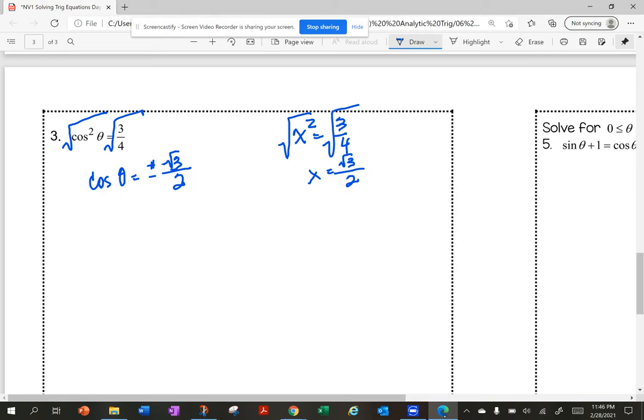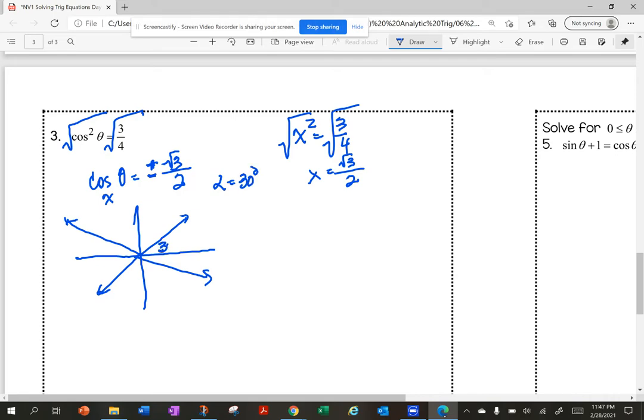Okay, so since I am positive and negative, this means I want cosine in all 4 quadrants, because it's positive in 2 quadrants and negative in 2 quadrants. So from my unit circle, cosine is the x-coordinate. So where cosine is the square root of 3 over 2, my reference angle is 30 degrees.